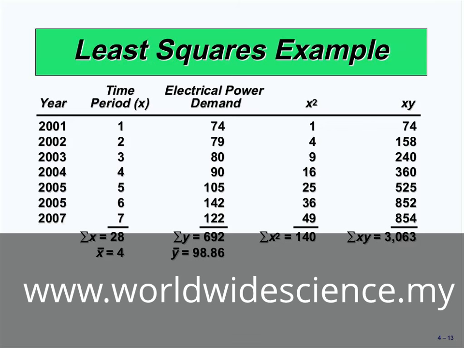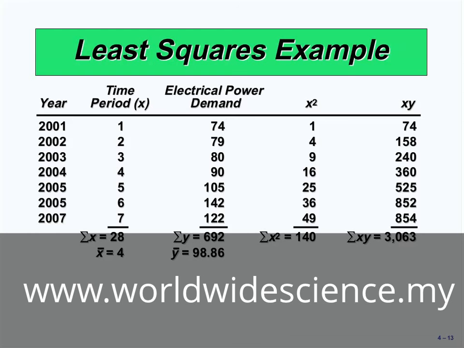In 2002 it was 79 kilowatt. In 2003, the demand was 80 kilowatt or megawatt. 2004 was 90, 2005 was 105, 2006 was 142, and 2007 was 122.